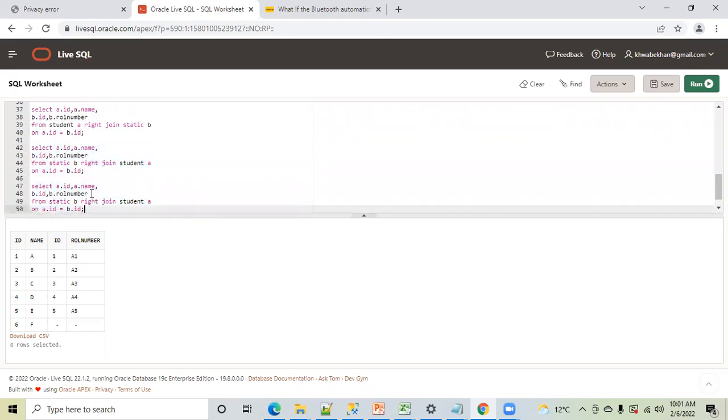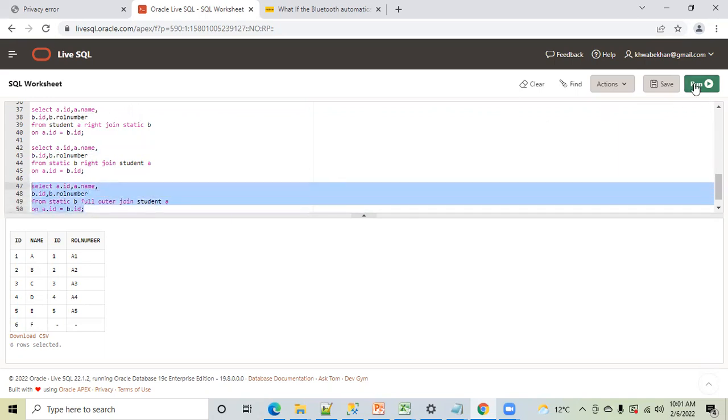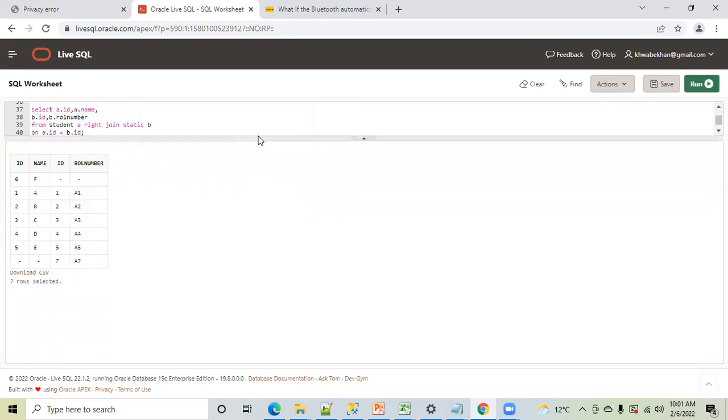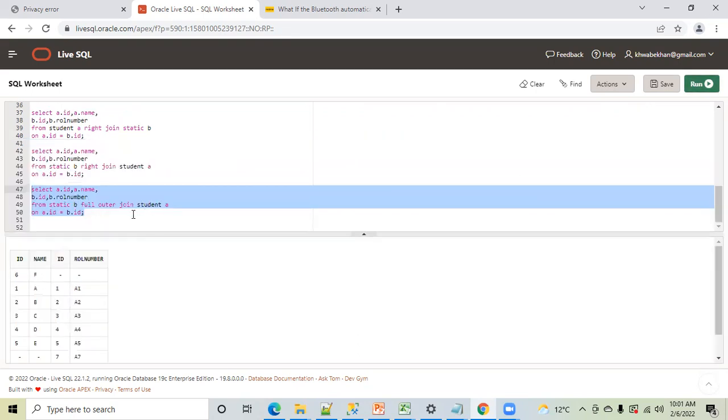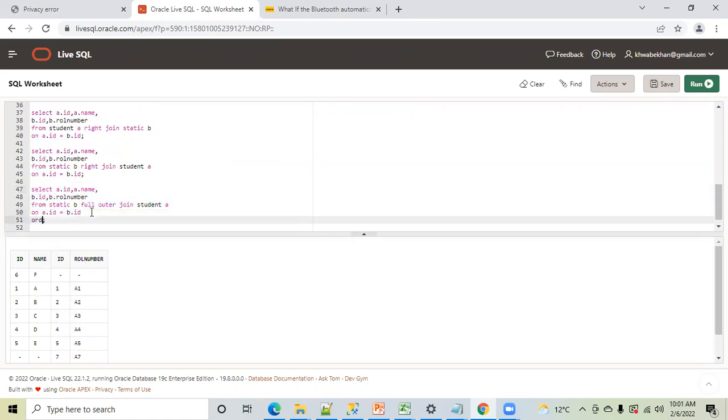I will show you what this full outer join is. Full outer join. Now I'm running this. Just look at the output and you will understand what this is all about. Do one thing, sort this out in a better way, by a dot id.